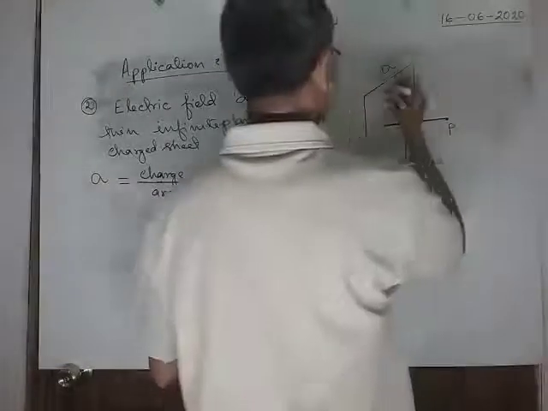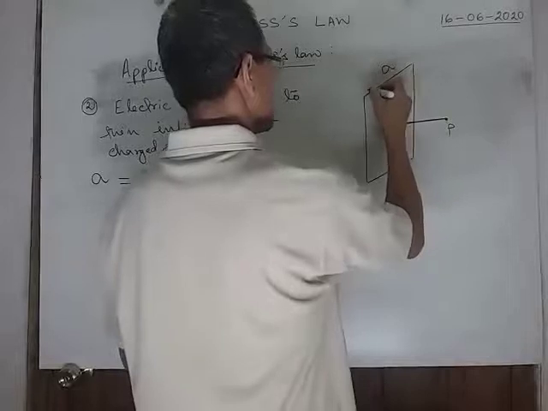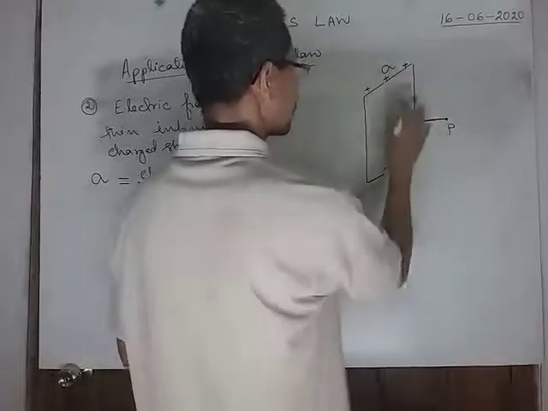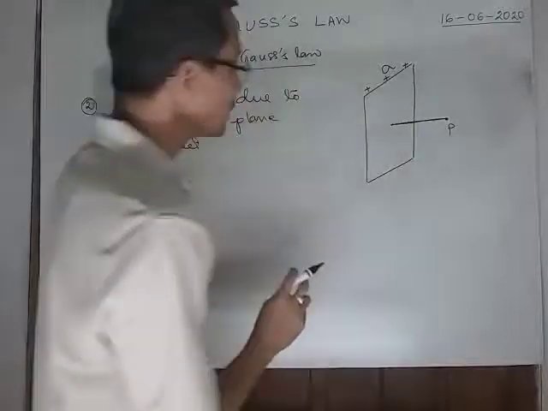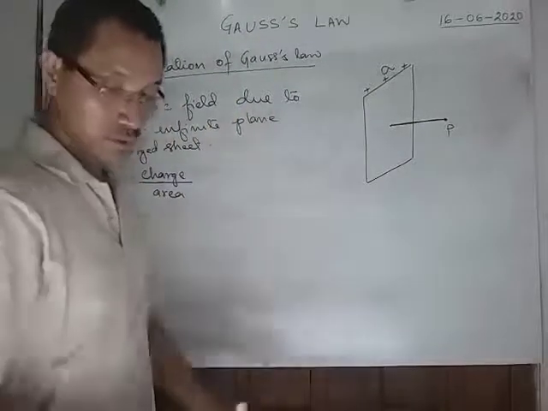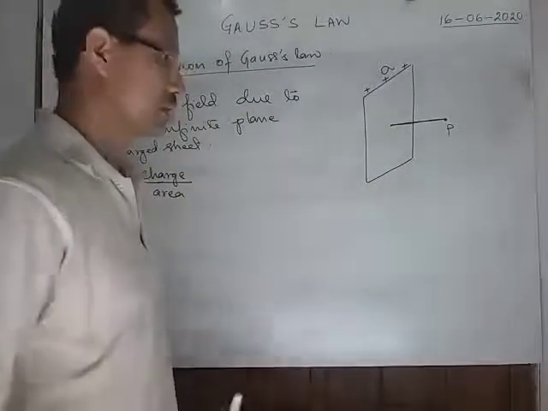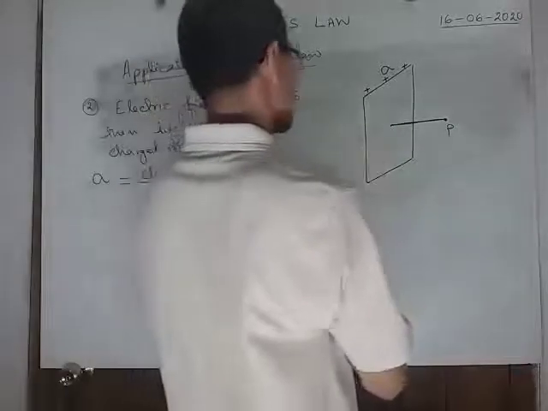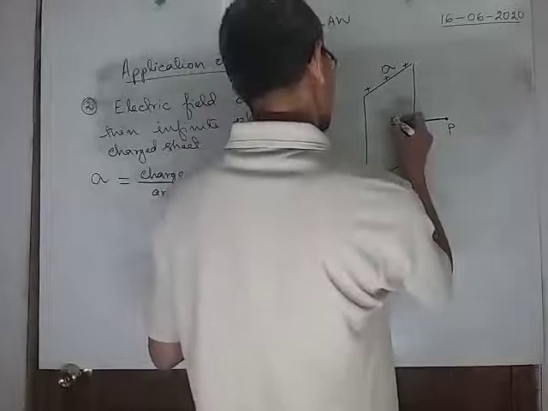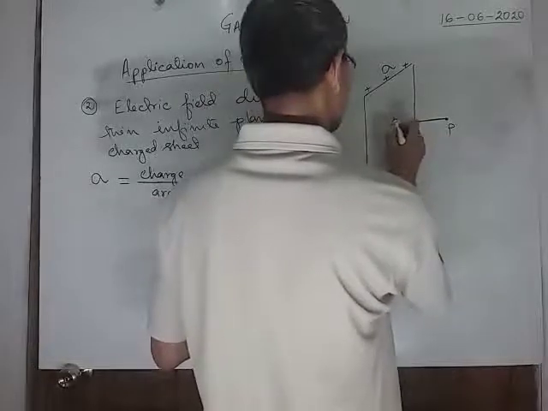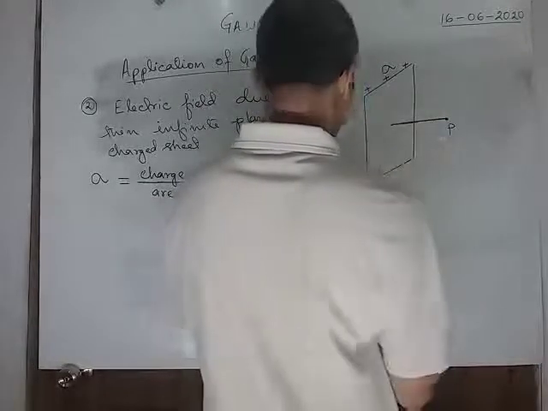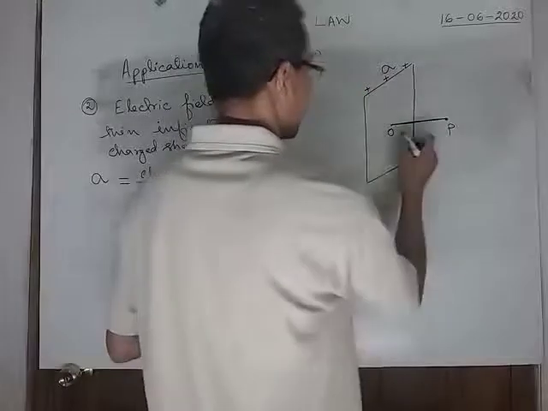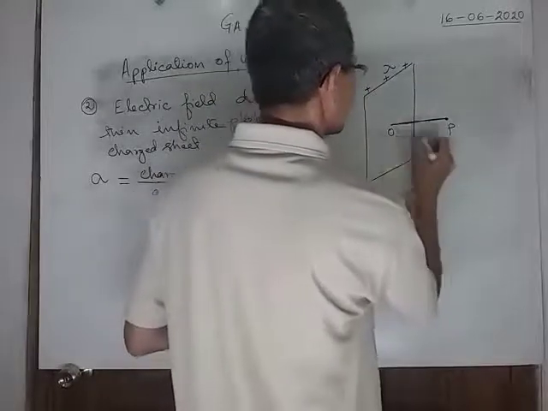Let's take it that this infinite charge sheet is carrying positive charge like this. Then we need to develop a Gaussian surface. We can take it as a cylinder, and draw a Gaussian cylinder here like this. This is at a distance R, as I said. Let's take this point as O, and this distance as R.